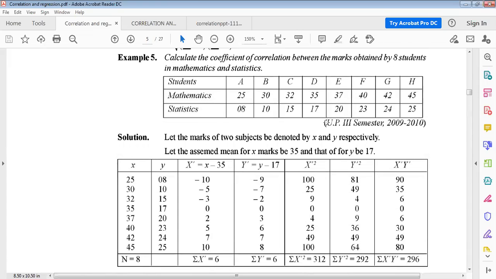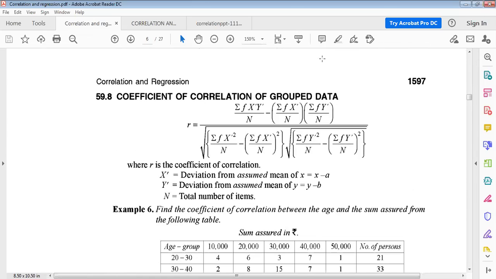For grouped data, in every group there is a frequency, so we have to multiply the frequency in every term of the formula. Then this represents Karl Pearson's correlation coefficient for grouped data. Here r is the correlation coefficient, and x dash is the deviation from the assumed mean, that means x dash equals x minus a, where a is the assumed mean.